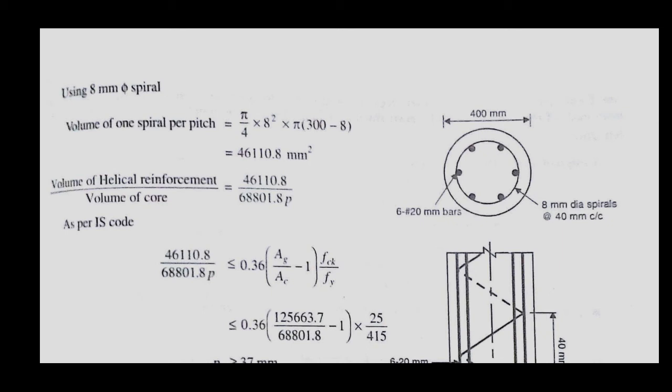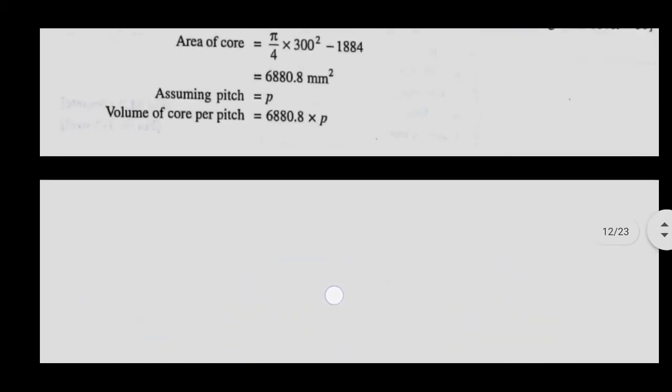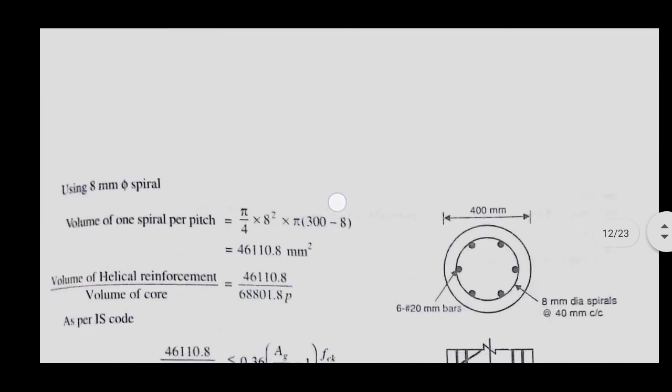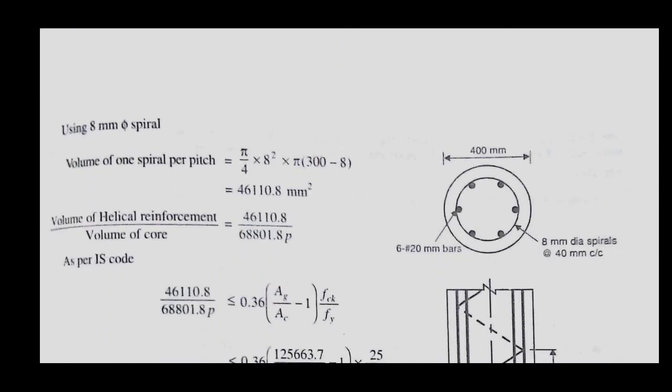Now we put this in the formula: the volume of helical reinforcement by volume of core. The volume of helical reinforcement is 46,110.8, divided by the volume of core which we found earlier, 68,801.8 p.